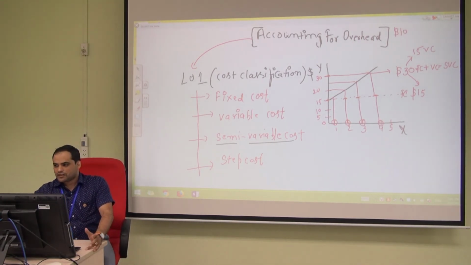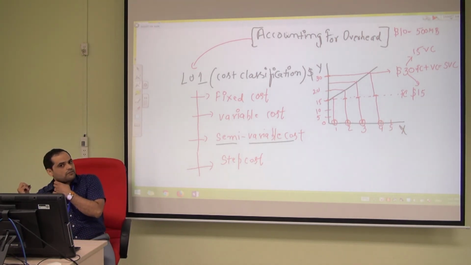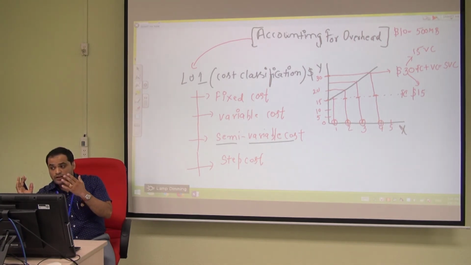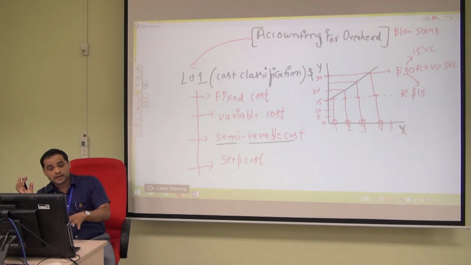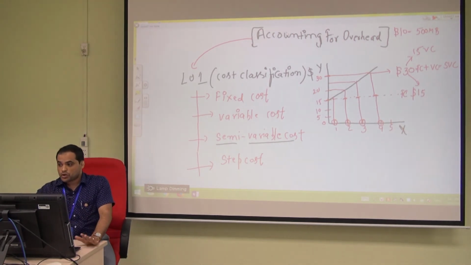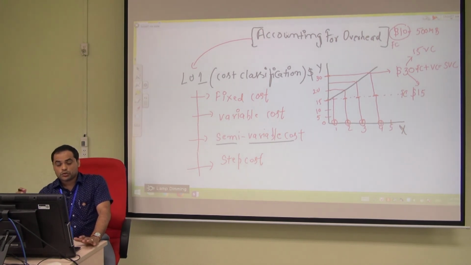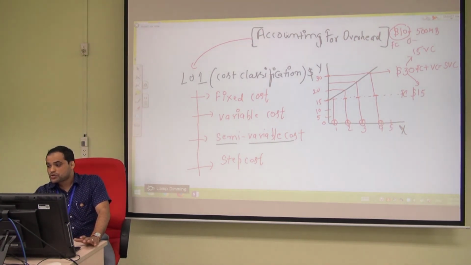In this $10, let's say they give you 500 megabytes for 1 month. In this 500 megabytes per month, if you use 100, 200, 300, or 500 megabytes, your cost is $10, which is fixed. You use 0 to 500, all right?